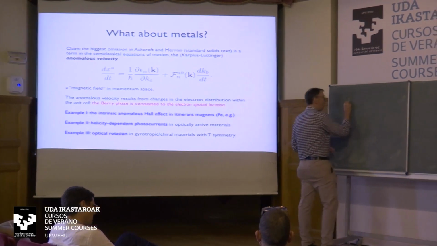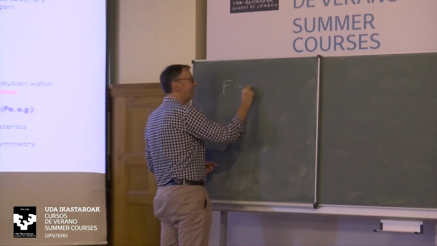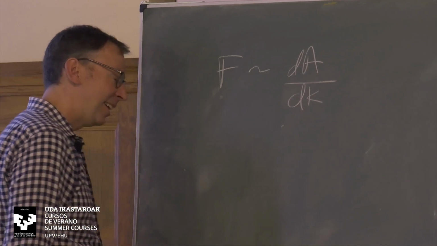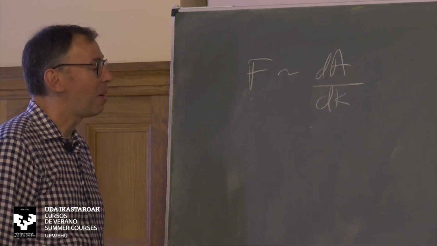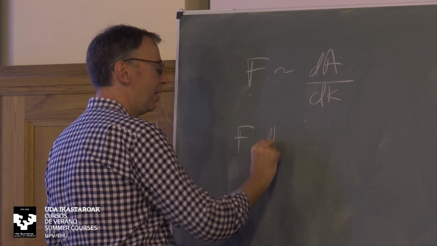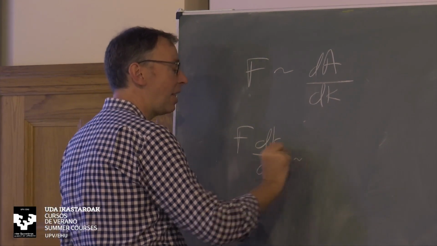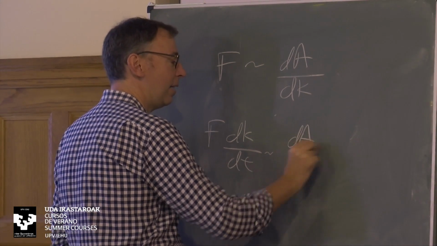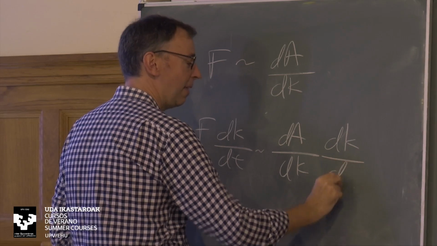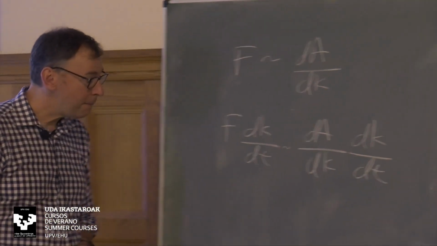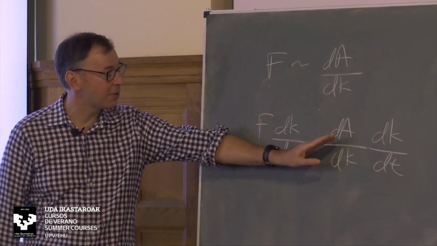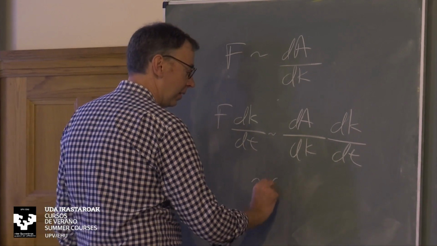So remember, F is roughly, it is at least, a k derivative of A. Let me not worry about all the indices, that would get complicated. So that term, F dk/dt, is like dA/dk dk/dt, and this looks like a total derivative in time of A. Well, we said A is related to polarization.